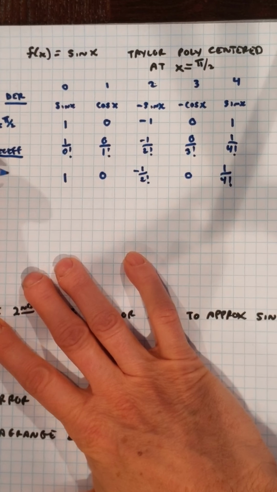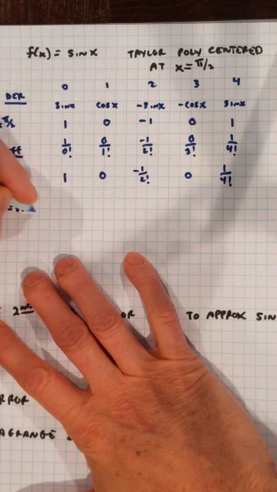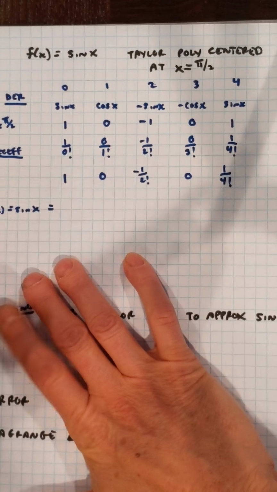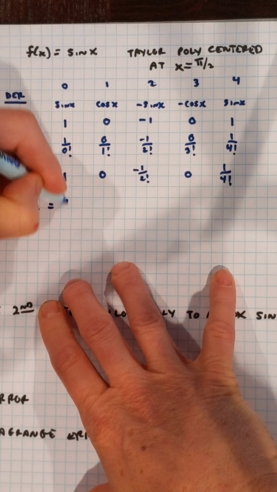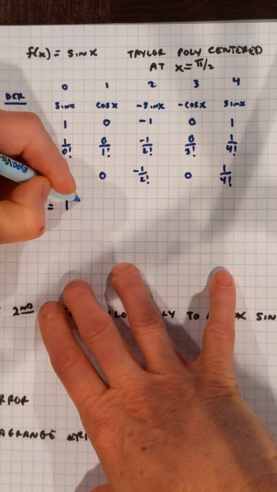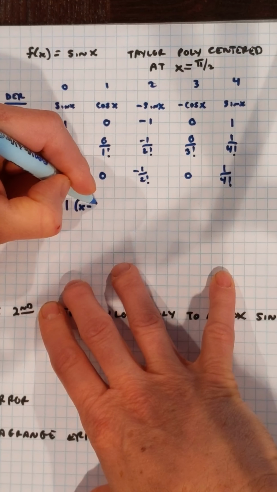The function sine x is equal to, as long as I do an infinite series, coefficient 1. Now here's the difference. Instead of taking x subtract 0, we're going to go x subtract pi over 2.